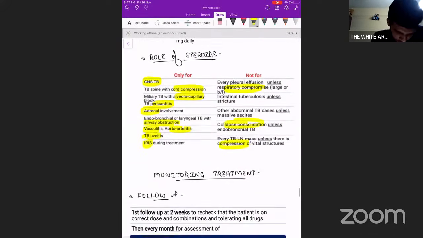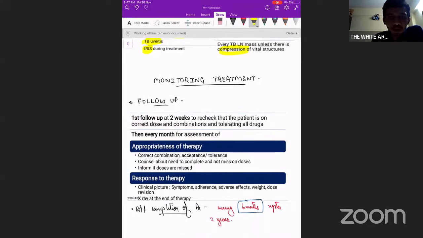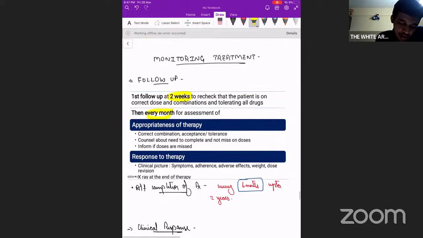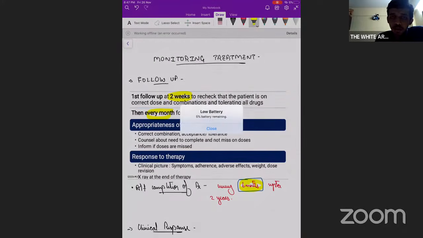So next is how do we call for monitoring? When do we follow up? The first follow-up is at 2 weeks, to recheck whether the patient is taking the treatment appropriately and whether there is response to therapy. Then we do it every month, and after completion of treatment, every 6 months up to 2 years.